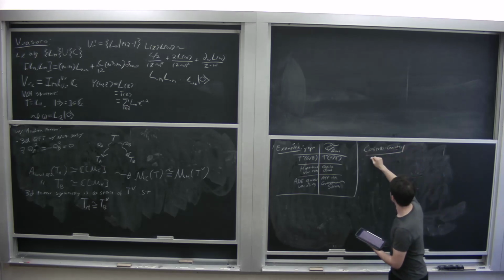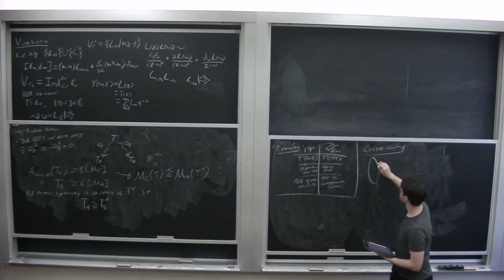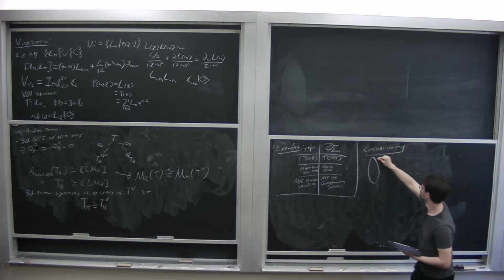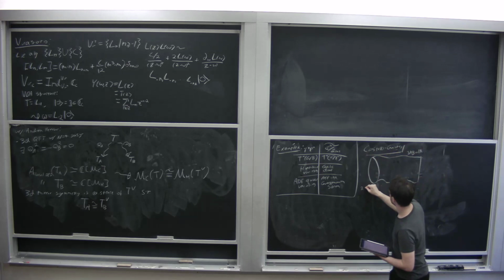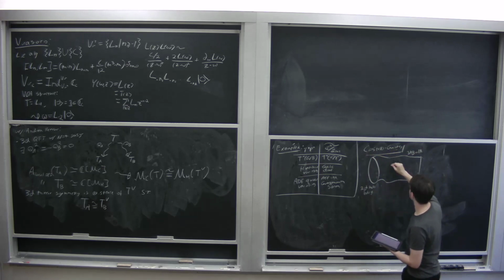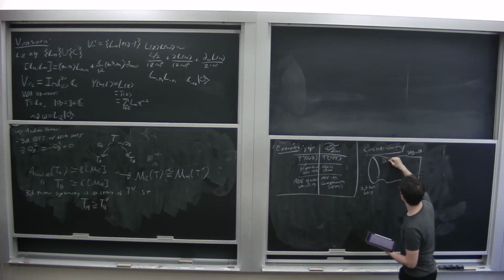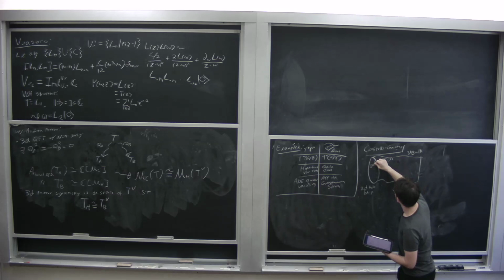The idea is, if I look at the twisted theory with a certain holomorphic boundary condition, and I look at the bulk here, I can think of this as a 3D bulk with a 2D holomorphic boundary condition. And I have local operators in the bulk, and I can look at what happens to these on the boundary.